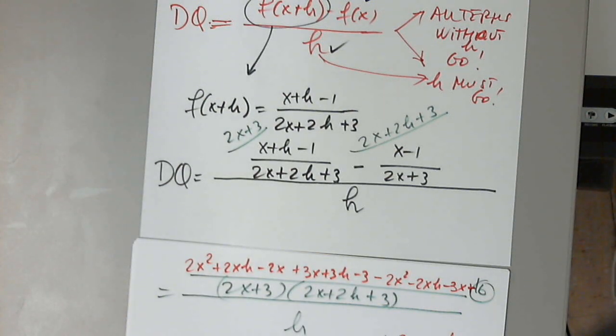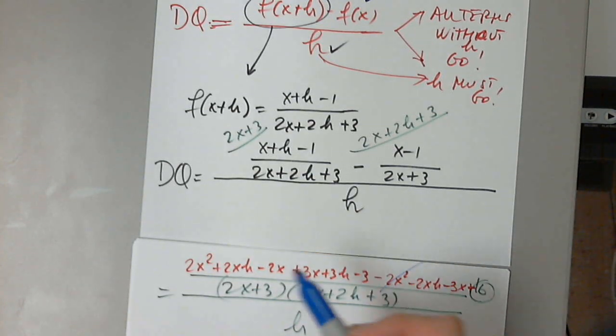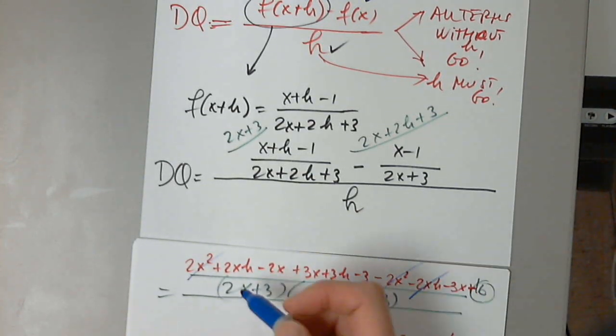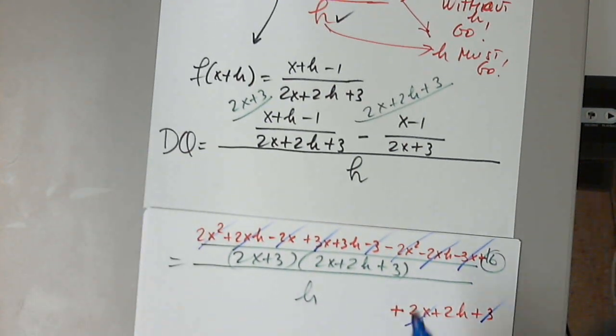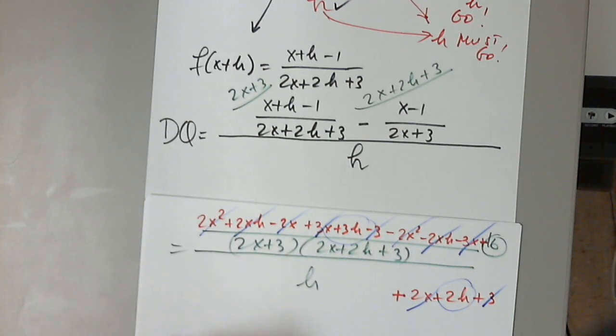All terms without h must go away at the top in red. So these two go. This is a bonus. These two go as well. These two go. These two go. These two go. Wonderful. So at the top, we only have this and this, which makes a 5h.